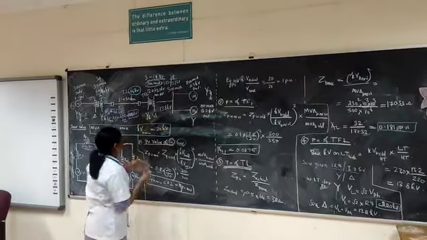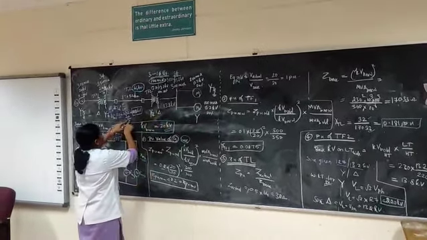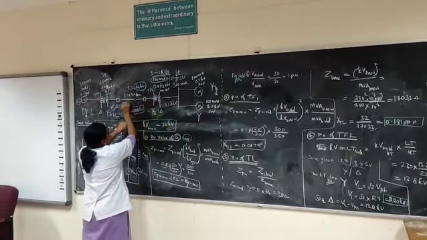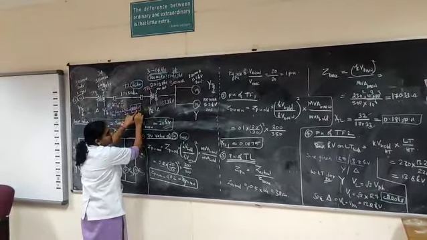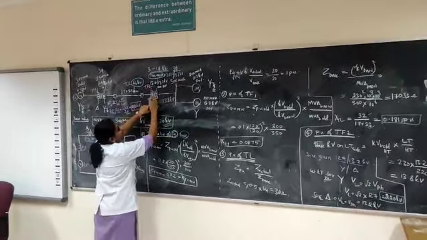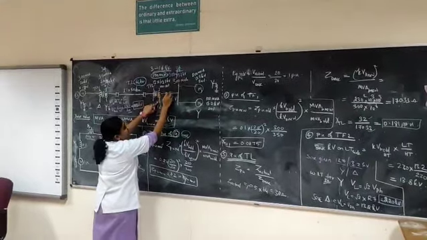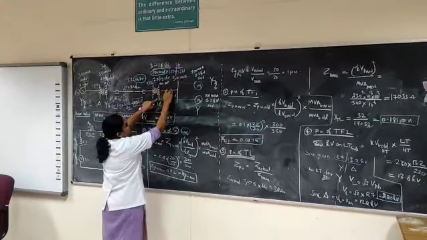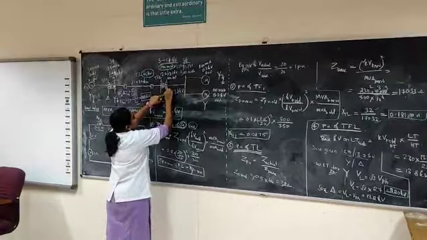Now we know that the base kV on the left hand side is 230 kV. I have to calculate the base kV on the secondary side of the transformer. Secondary side means LT side.